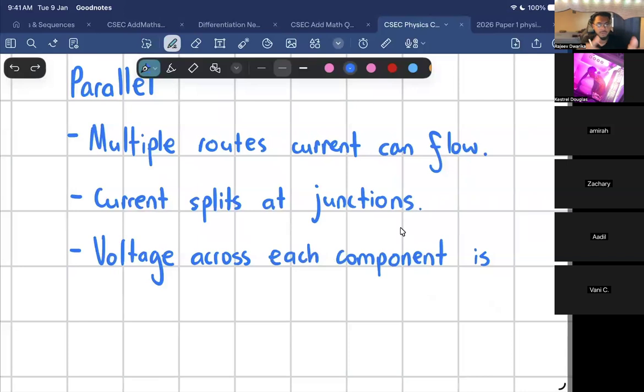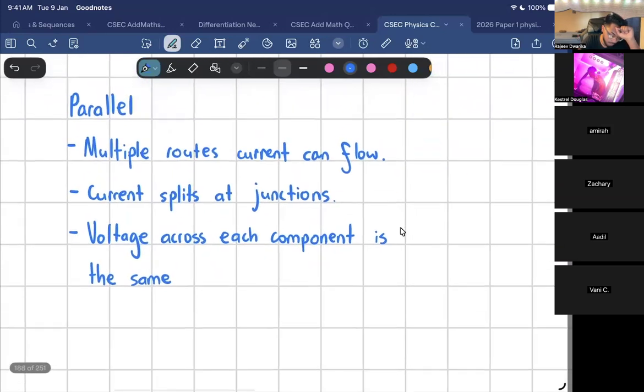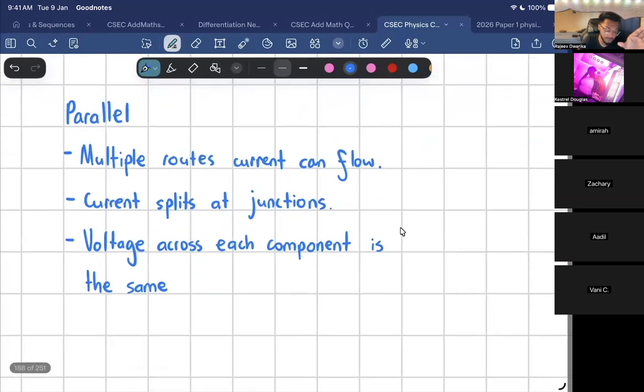So your house is wired in parallel. Domestic applications, that's how things are connected in parallel. So the voltage across each component, therefore, would have to be the same. Cool. So realize for a parallel circuit, the voltage across each component is the same.